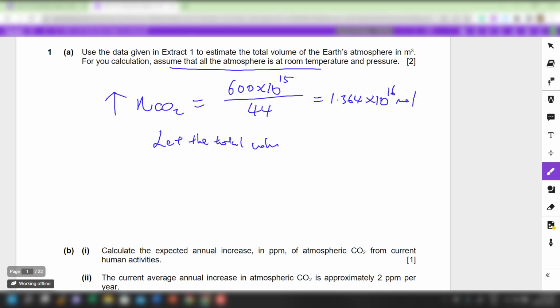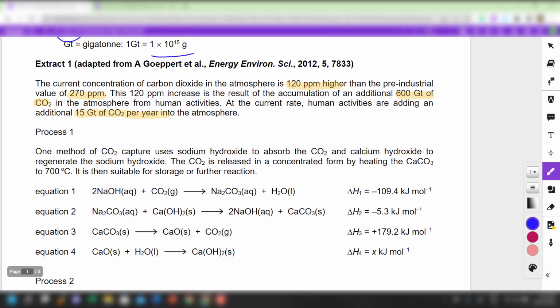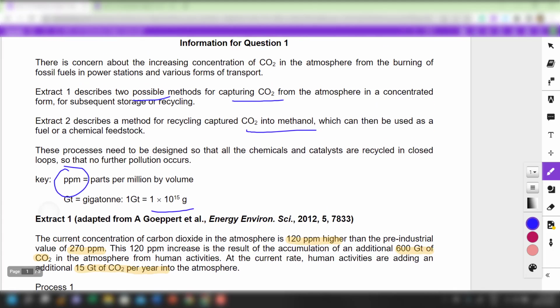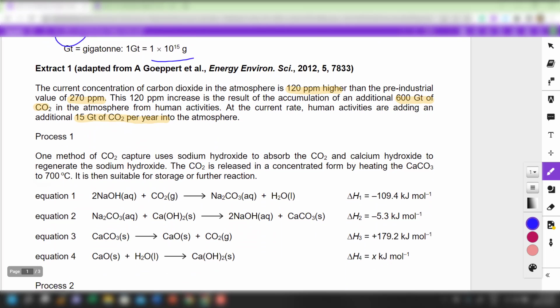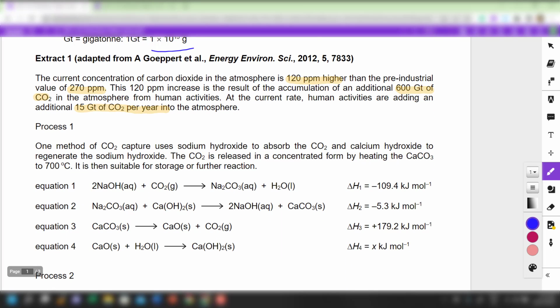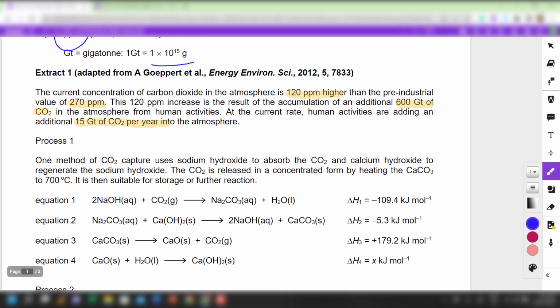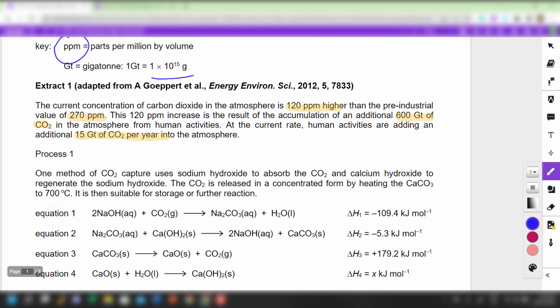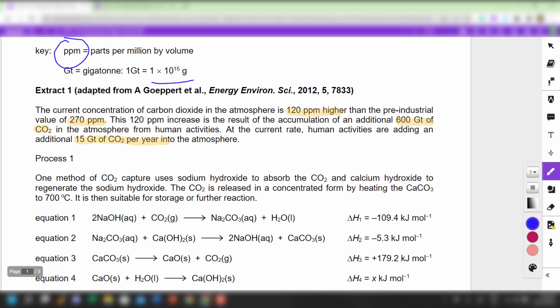volume be V. Then we take a look at the information given to us over here. So we were told that the 120 parts per million increase is the result of the accumulation of an additional 600 gigatons of CO2.